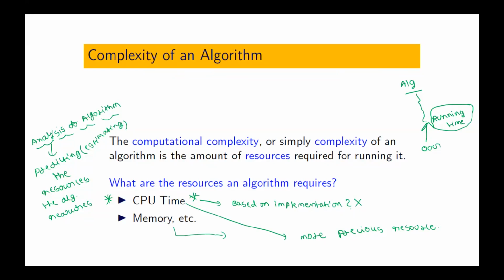But what are we actually predicting here? Are we estimating time and space? We are estimating the T of n value. After calculating T of n, what do we do? We drop lower order terms and the constant coefficients of the highest order term.